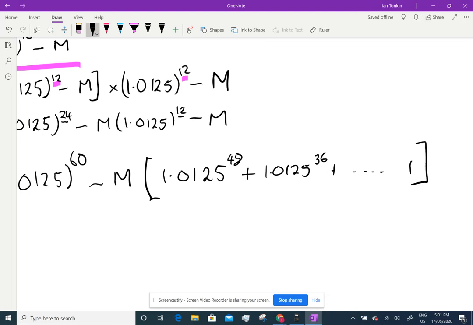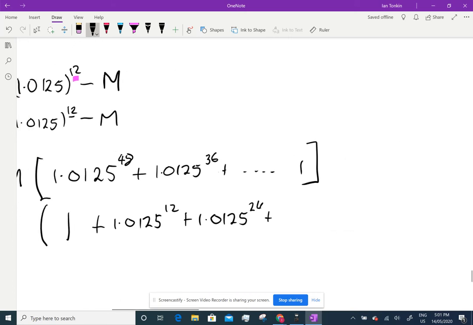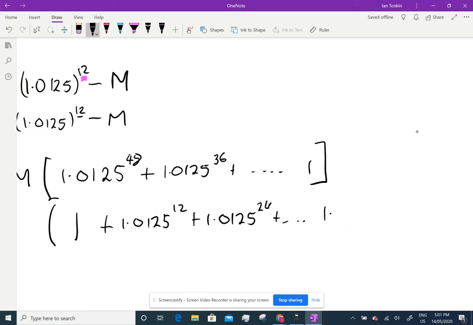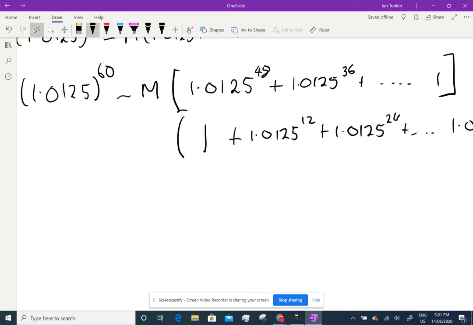All right? Now, if I rewrite that series the other way around, 1 plus 1.0125 to the 12 plus 1.0125 to the 24 plus dot, dot, dot, 1.0125 to the 48. That's what that is. Now, this is a series.